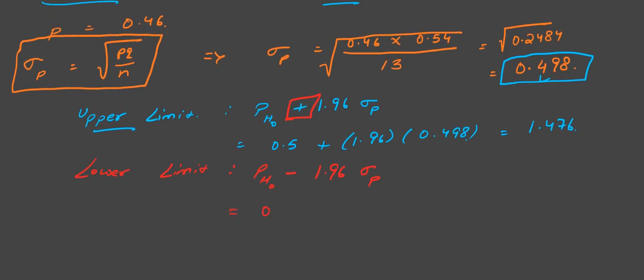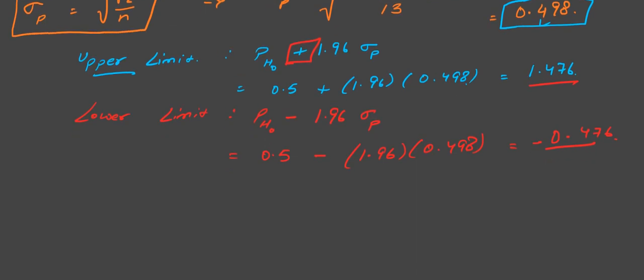Putting the values: 0.5 minus 1.96 into 0.498. All the values are the same, but since we have minus, we get a lower value, which is minus 0.476. So this is our acceptance range.